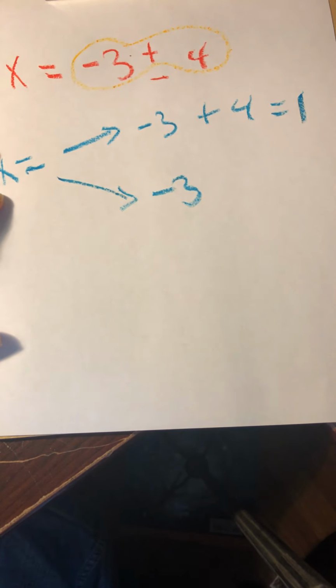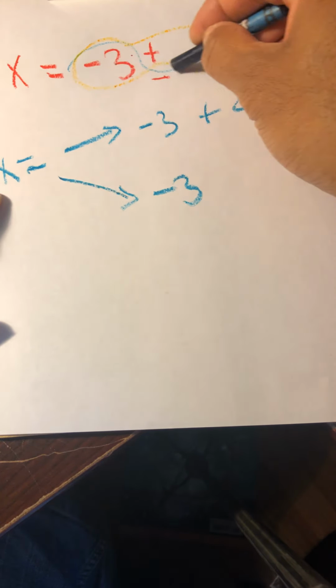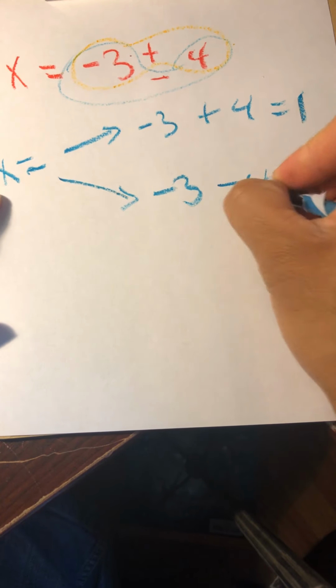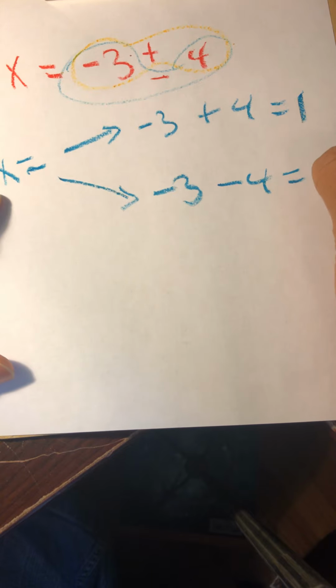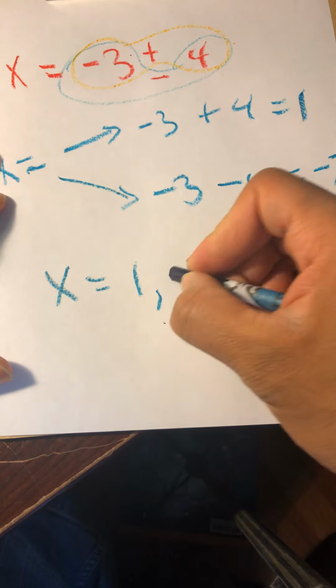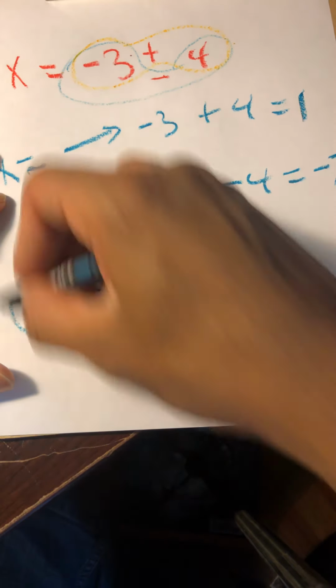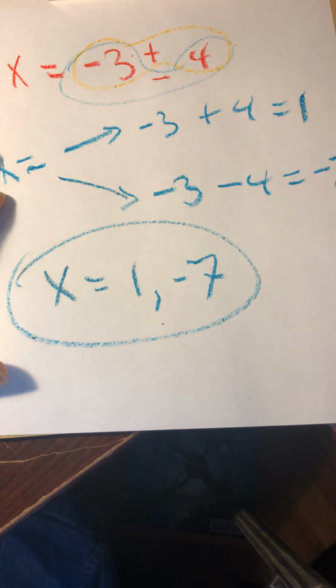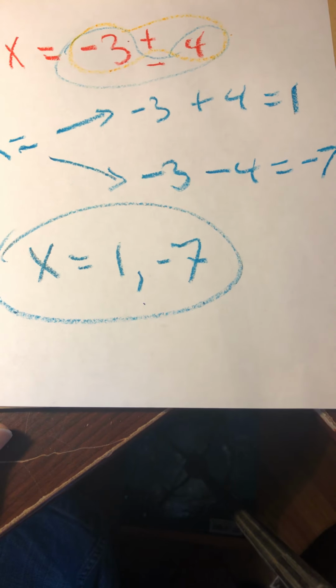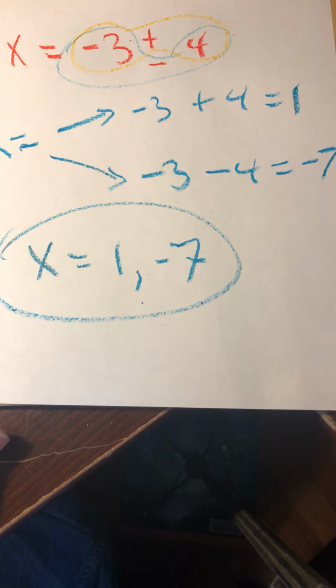On the other hand, the second option is negative 3 minus 4, which is negative 7. So my answers are x equals 1 and negative 7.